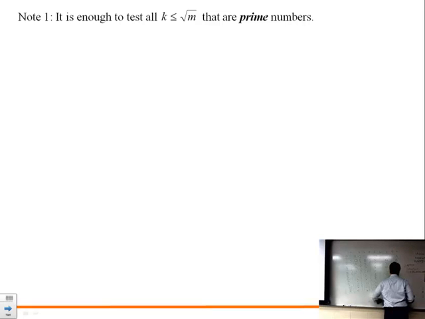Another way of seeing that, and I'm going to erase the sieve now. It was like a giant tic-tac-toe game. If n is equal to some a times b, where a is bigger than 1 and b is bigger than 1, so if m is composite, well, m is also equal to the square root of m times the square root of m.